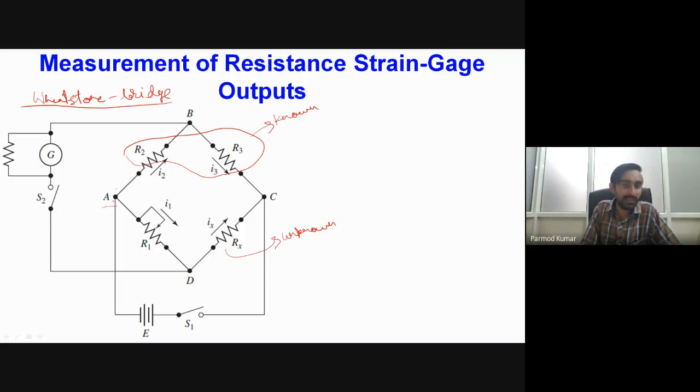Terminals A and C of this bridge are subjected to some potential voltage E, and we have switch S1 in order to complete this circuit.